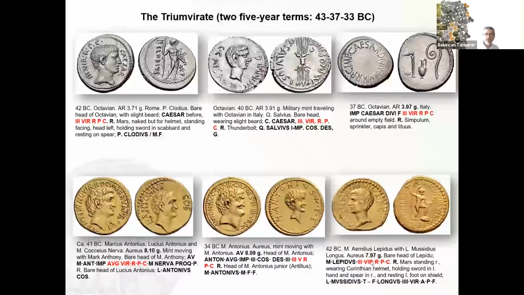Bare head of Lepidus, and on the reverse is Mars, and with his triumvir titles. And this one is also very interesting in that the young son of Mark Antony, Antonius Jr., or Antyllus, appears on the reverse of this coin.